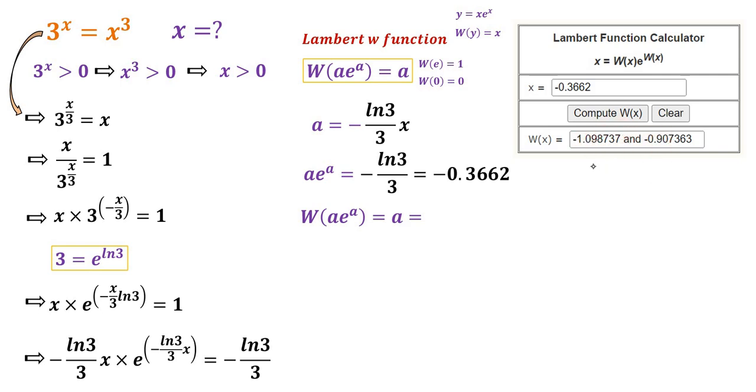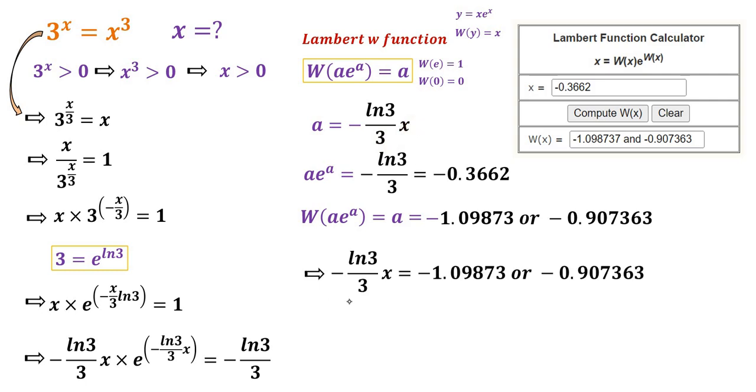So a is equal to negative 1.09873 or negative 0.90763. So with this, remember we have a is equal to negative ln 3 over 3 times x. So negative ln 3 over 3 times x is equal to these two values.